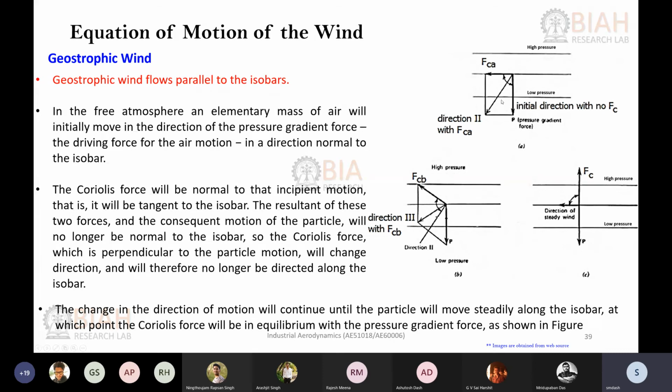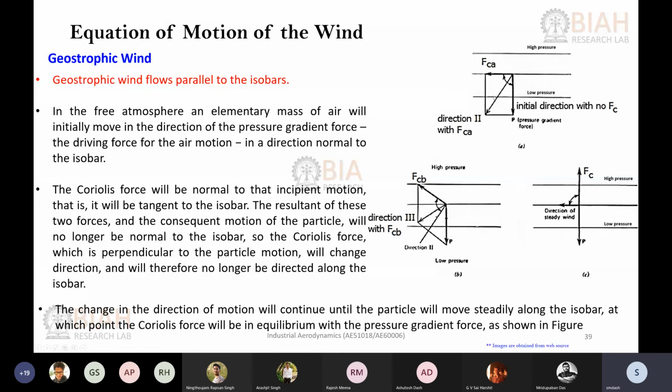But when the wind is flowing along this direction, what is going to happen? Your Coriolis force will also now be adjusted, because Coriolis force always acts perpendicular to the wind direction, or the relative wind direction. So when the relative wind direction is on this line, your Coriolis force has to change, and now it is changed to FCB.